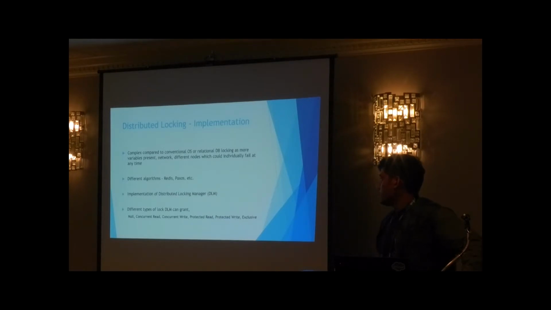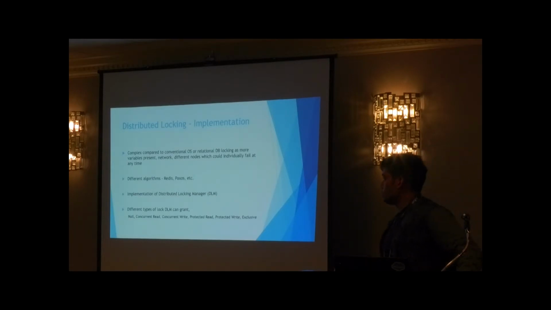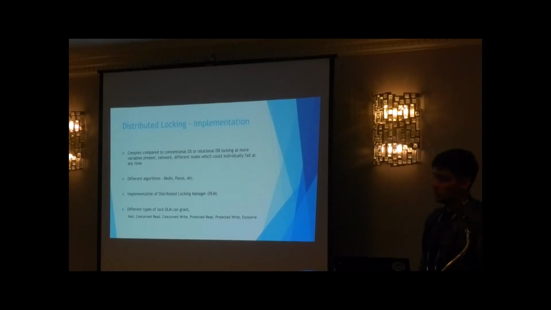So it creates further complexity. For implementation, some algorithms have already been proposed, such as Redis and Paxos, which underlie some known distributed locking managers such as Zookeeper, Hazelcast, Google's Chubby, etc.